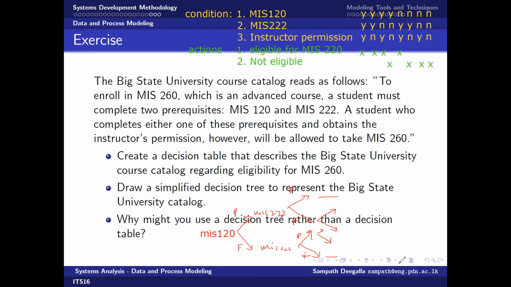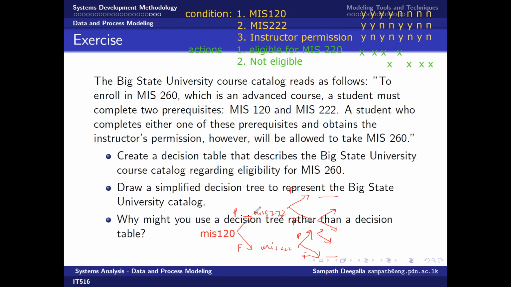So the answer would be, we prefer the decision tree because it will be simpler compared to the decision table that we have taken. So what I did here is MIS 120 pass fail.